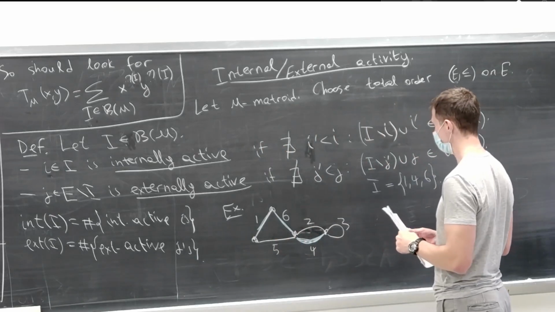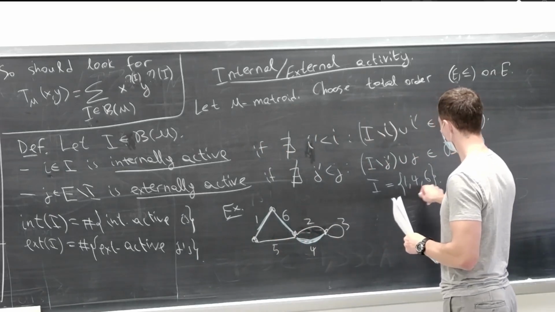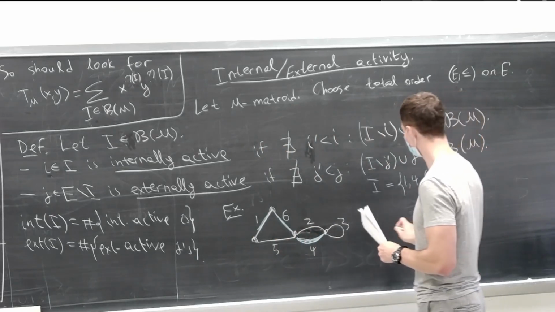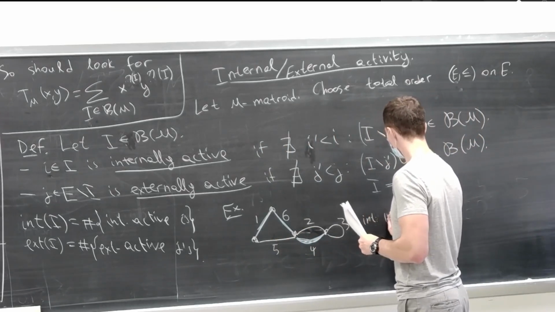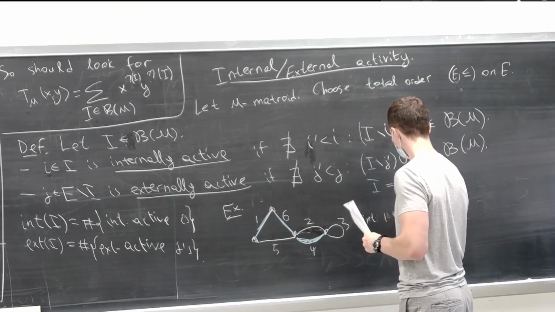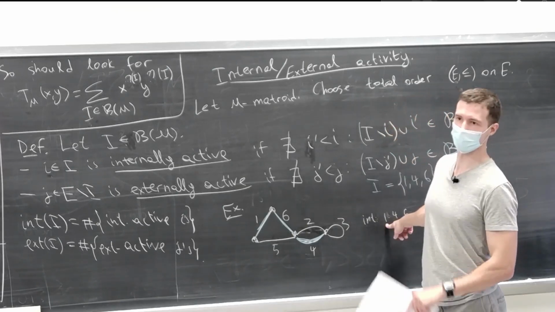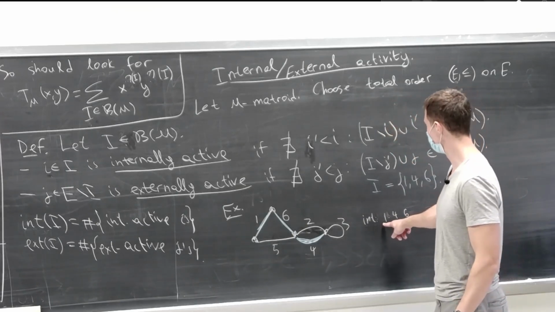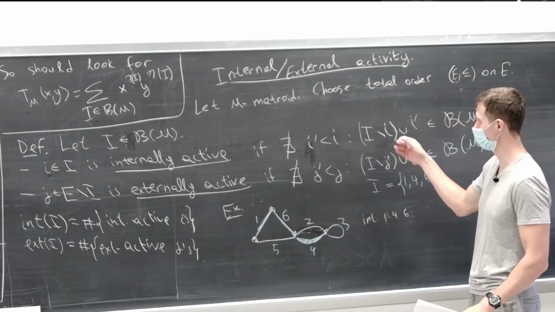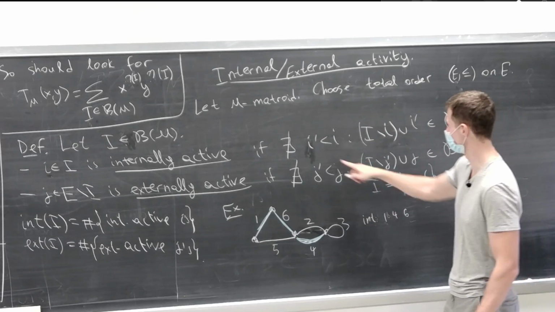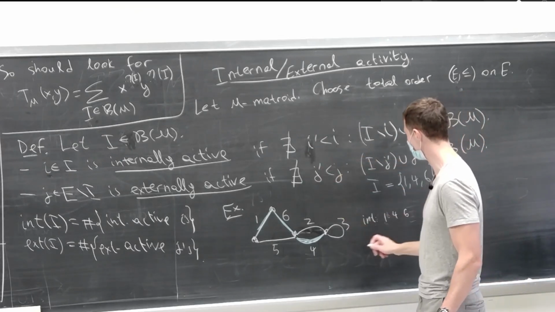Now, let's see. Which of these elements are internally active? 1, 4, 6. Is 1 internally active? Yes, actually, no matter if 1 is in my set or not, it's always either internally or externally active, since there's nothing less than 1.